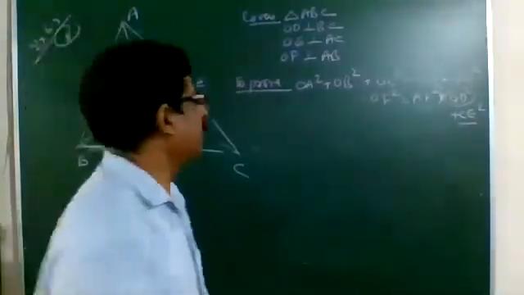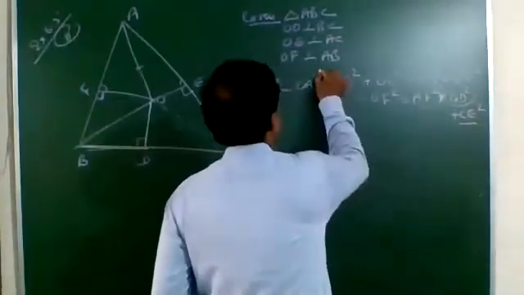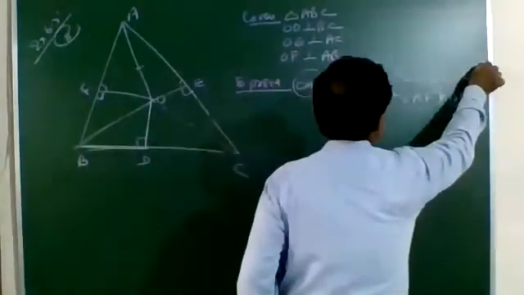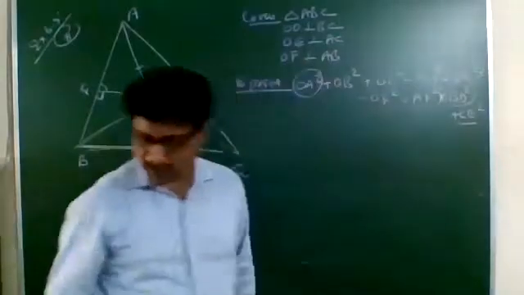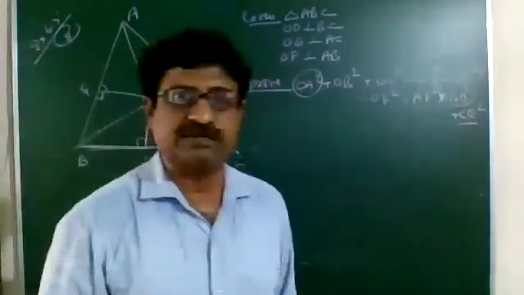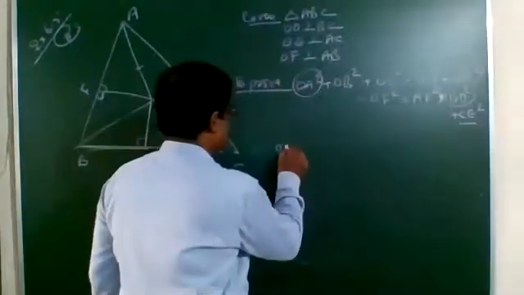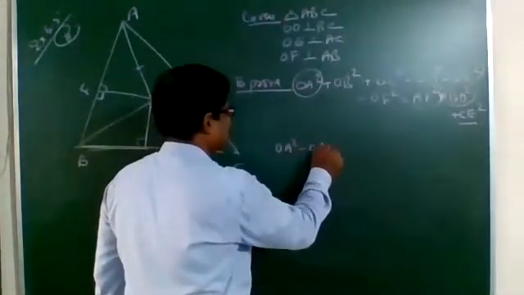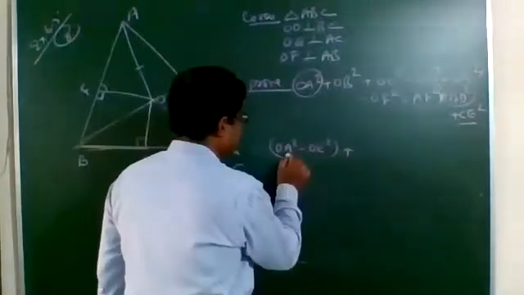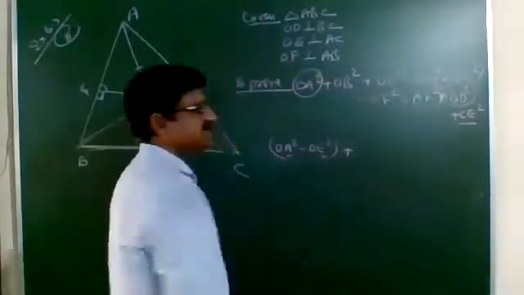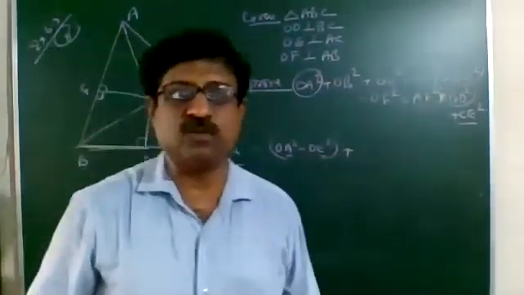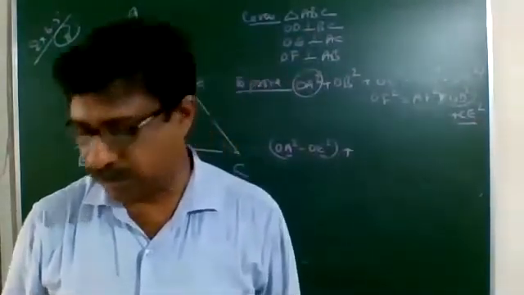AE square is required. Now we will do the rearrangement. This and this we take together in one bracket because we require AE square. Take OA square and OE square in one bracket, because we require AE square, therefore choose the sides in which A and E come.